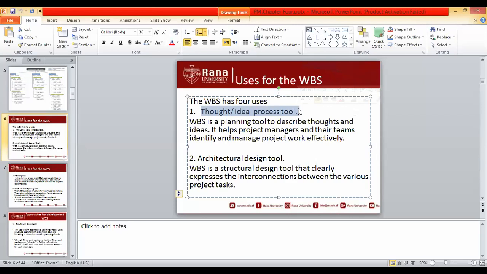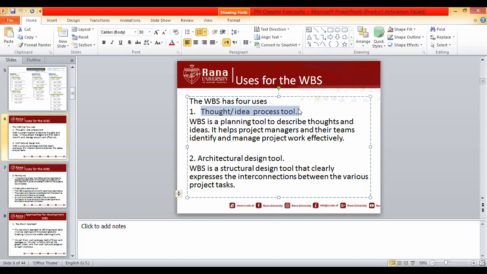So WBS will help Sharif to come up with the initial planning. The initial idea will be converted into something real. So he will draw the first sketch in which he will portray the ideas in his mind.